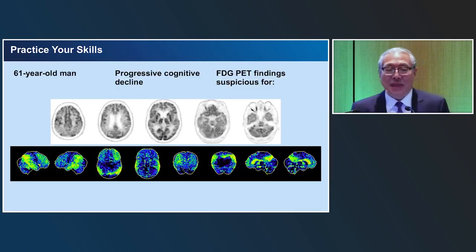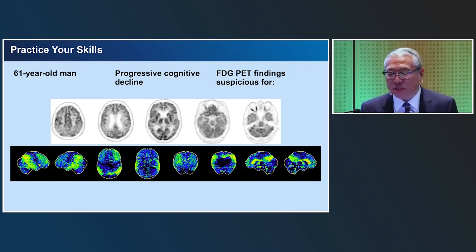Since this is a case presentation session, I'll show you some of those images. This is the first case: a 61-year-old man with progressive cognitive decline, FDG. The transaxial scan and statistical map show areas of decreased FDG uptake.